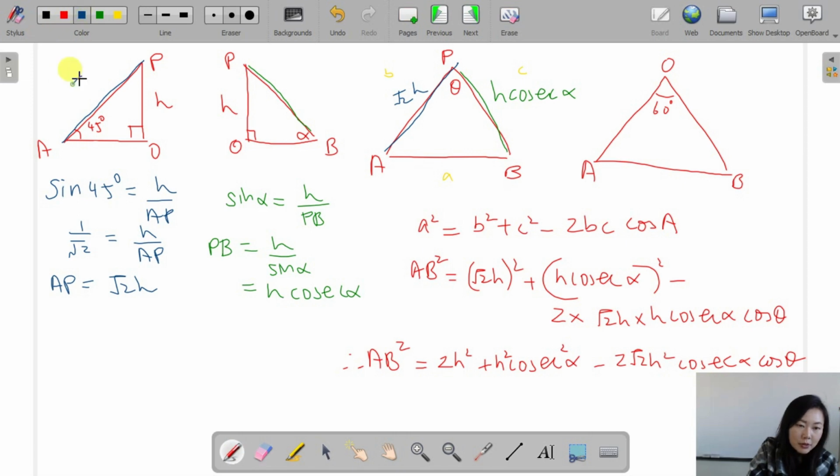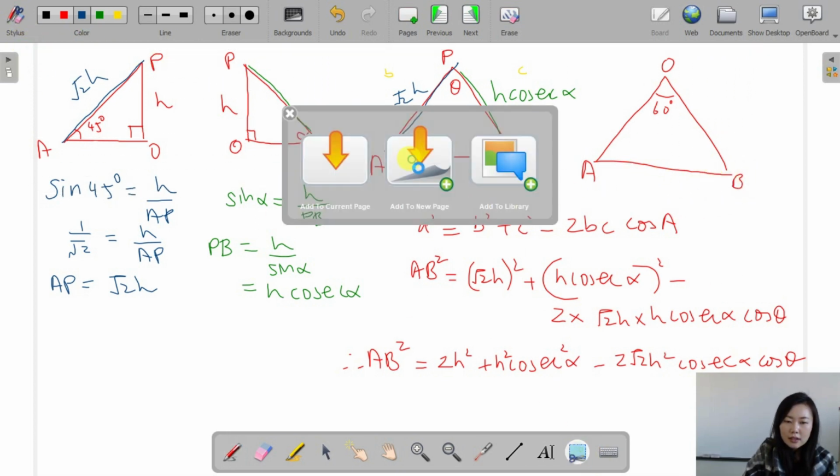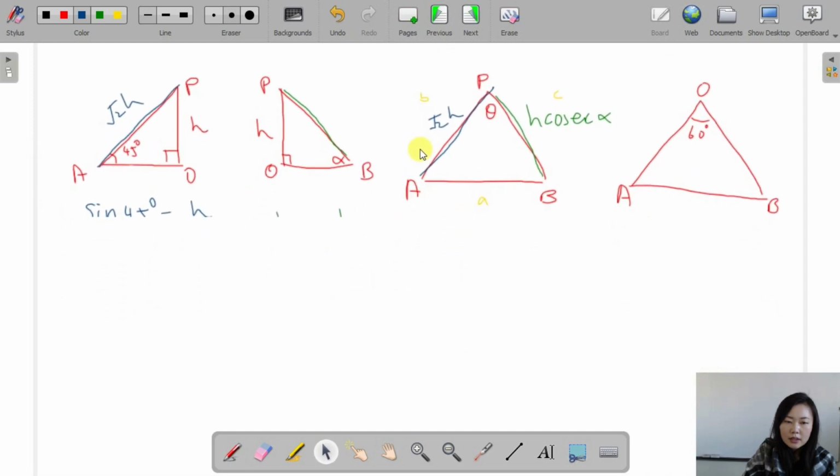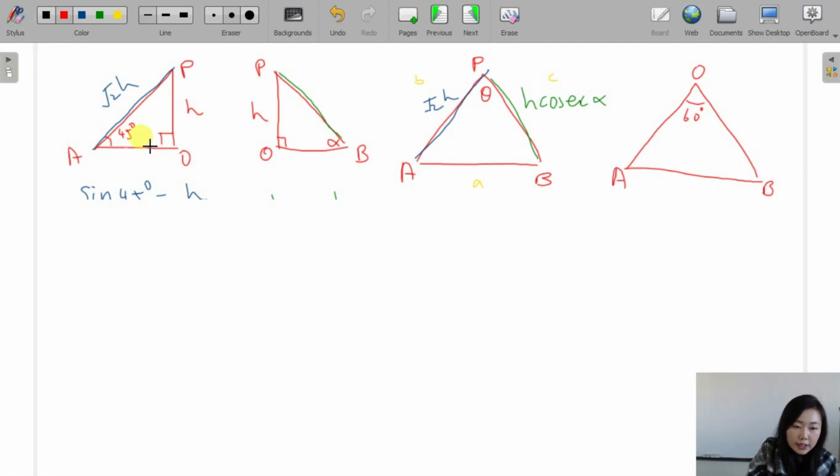I was like, no, that's not root 2h, that one's root 2h. Right, that's better. Okay. Alright, so this time we need to look for that side. I might see if I can use different colors. So let's see this side.